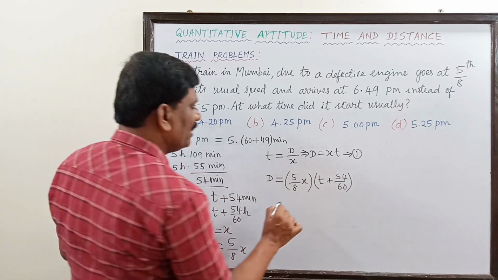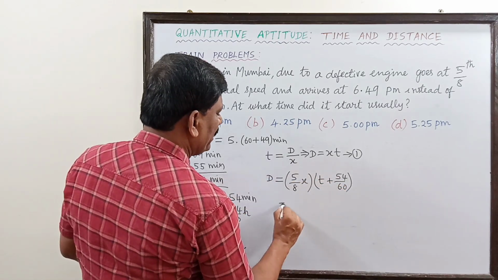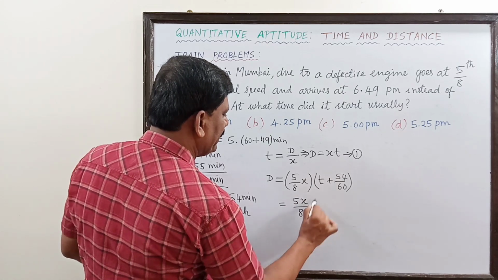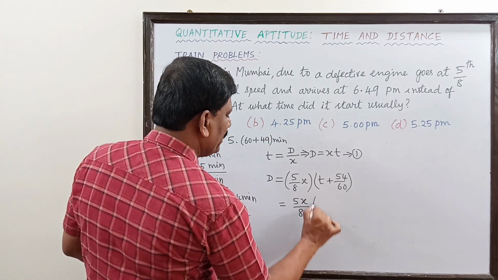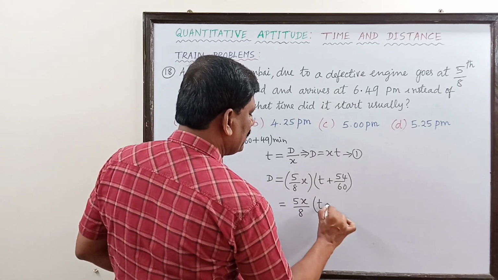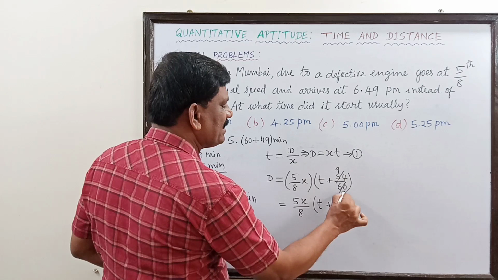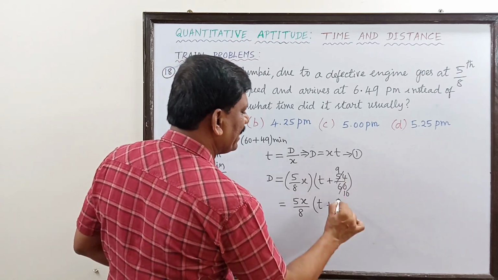So this is equal to 5x divided by 8 into t plus 54 by 60. Dividing by 6, 54 by 60 is 9 by 10.